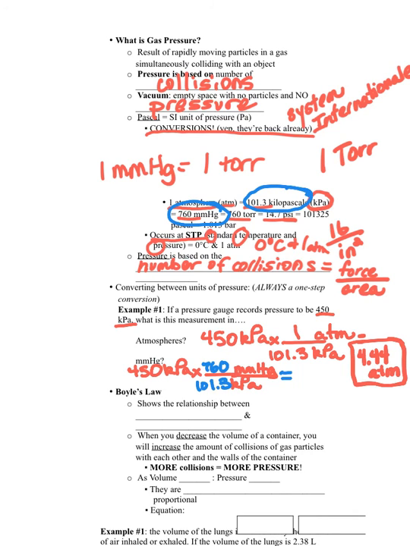So I'm going to take the 450 times 760 on the top, and then divide by 101.3 kPa on the bottom, and I get roughly 3,376. And again, the units, I should have checked that before, that they canceled out, shame on me. 3,376 millimeters of mercury as my answer to the second one.